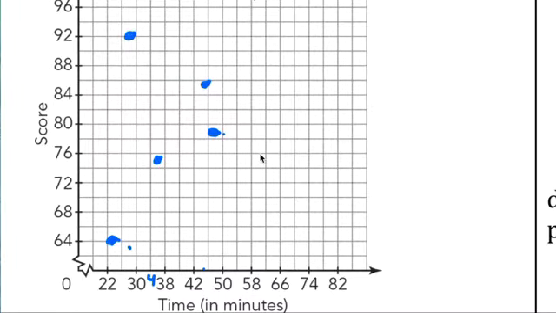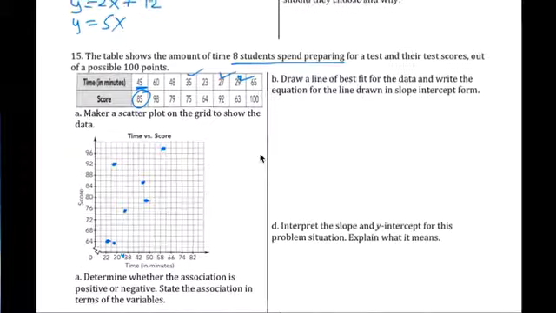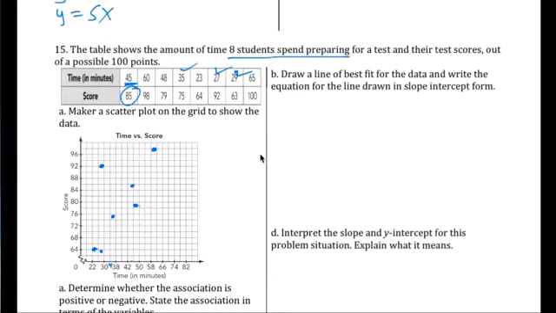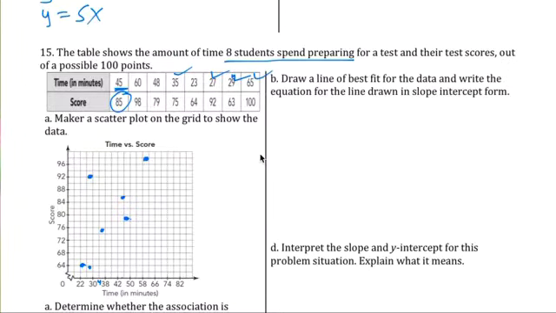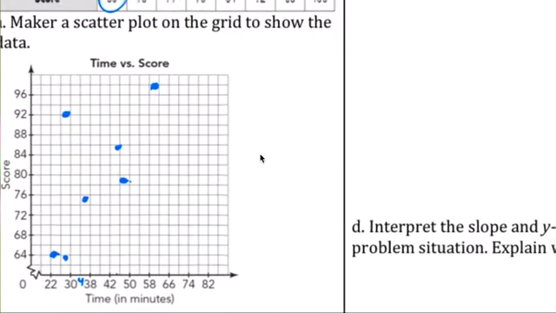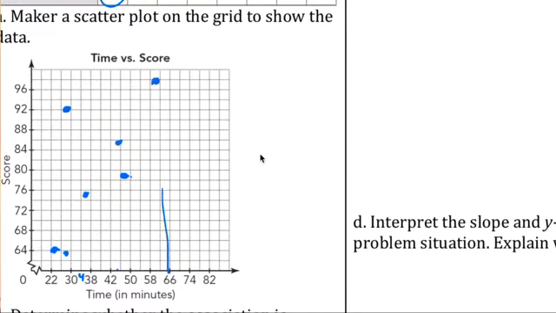We draw a line in between these, right? So somewhere like that. And you draw your own line of best fit and write an equation of a line. So you do y minus y sub 1 equals m times x minus x sub 1. Pick 2 points that work for you on your line.